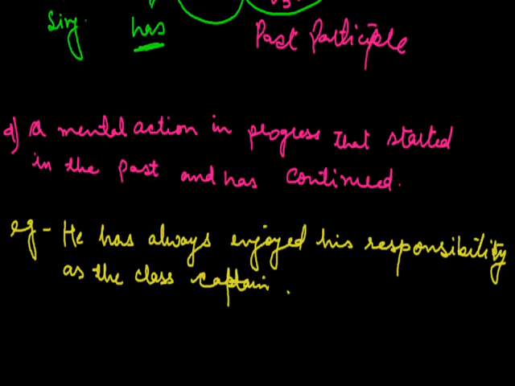Right? Which means the act of enjoying started when he was given the responsibility in the past, and he still enjoys it. In the past, responsibility is given and its impact is there right now.